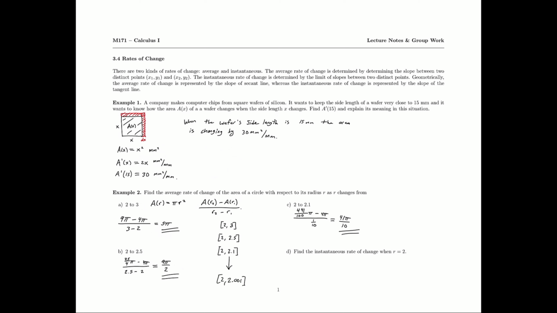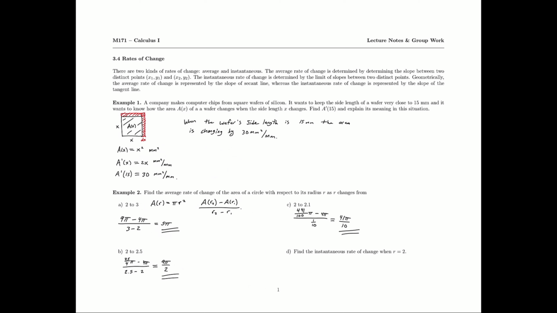This is very reminiscent of what we did earlier in the semester when we were using average rates of change on successively smaller and smaller intervals in order to estimate the instantaneous rate of change at the one endpoint where we are closing in. So effectively, parts A, B, and C were gaining better and better estimates for the instantaneous rate of change of the area when r is 2.